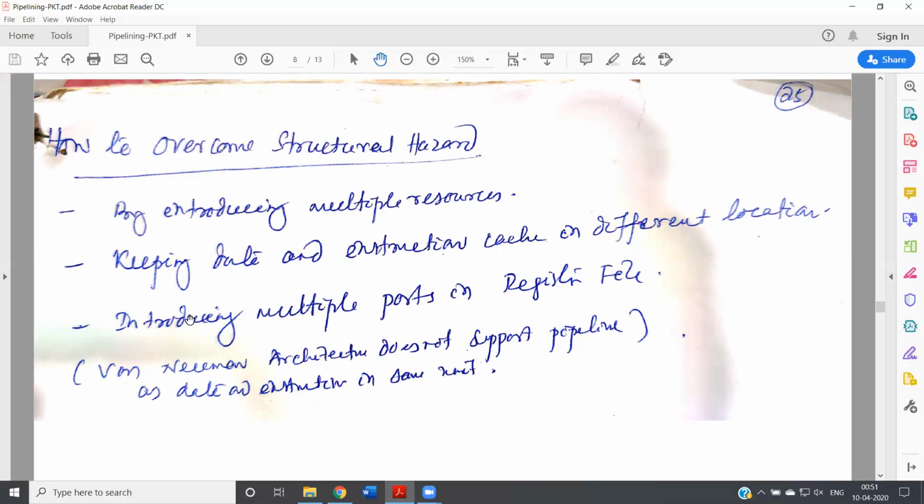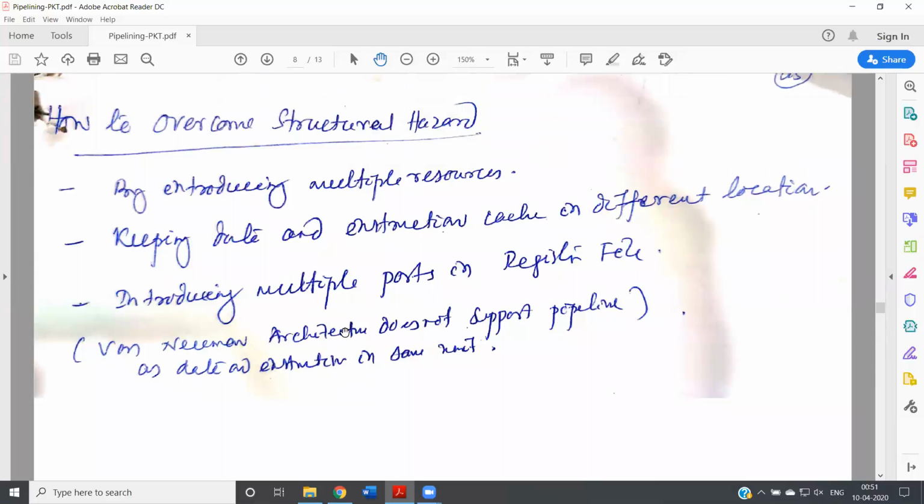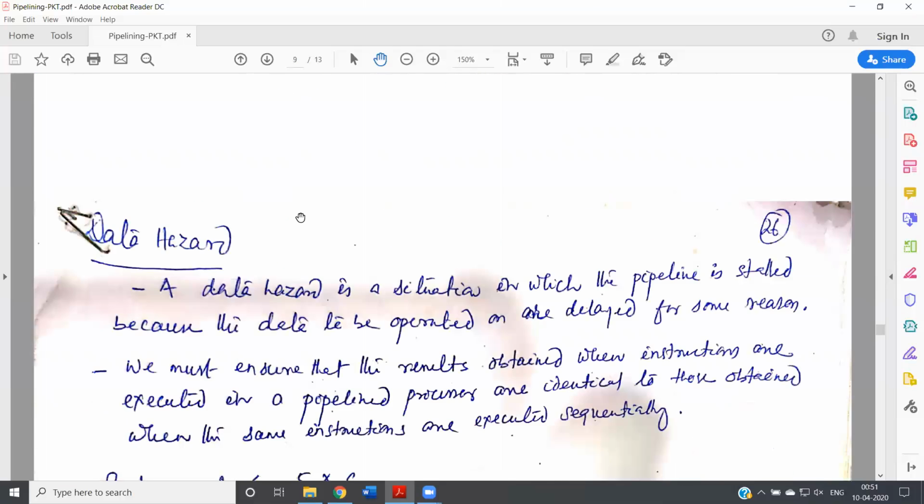If you keep data and instruction in a common cache, you keep them in different caches. If the register file has a limited number of ports, you introduce multiple ports. If you have a single bus, you go for a multi-bus architecture. If you have one ALU for multiple instructions, you can go for additional ALUs. So there is no alternative solution, and therefore we do not put more emphasis on the structural hazard. The only solution is to introduce multiple resources.